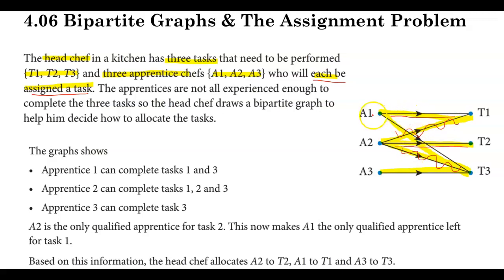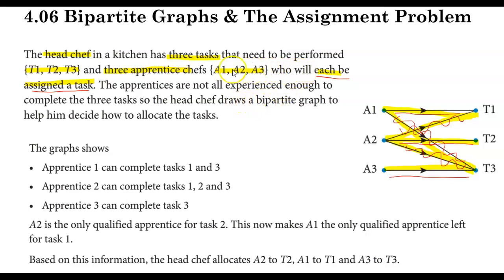Okay, and since apprentice 1 is performing task 1, he cannot do task 3 now. Then we'll go to task 3. So now task 3 is clearly being assigned to apprentice 3, right?